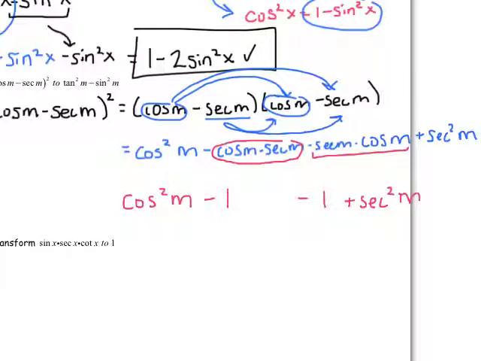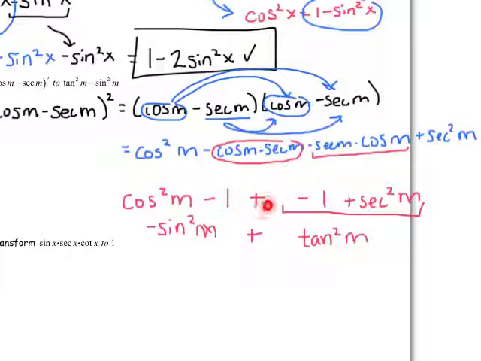Now if you go to your formula chart again, you can see this is actually a negative sine squared. There's no reason why they're using m instead of x. I almost just wrote x there. And you could write plus right here, so plus tangent squared, because minusing 1 is like plus a negative 1. And this I can replace with tangent squared.